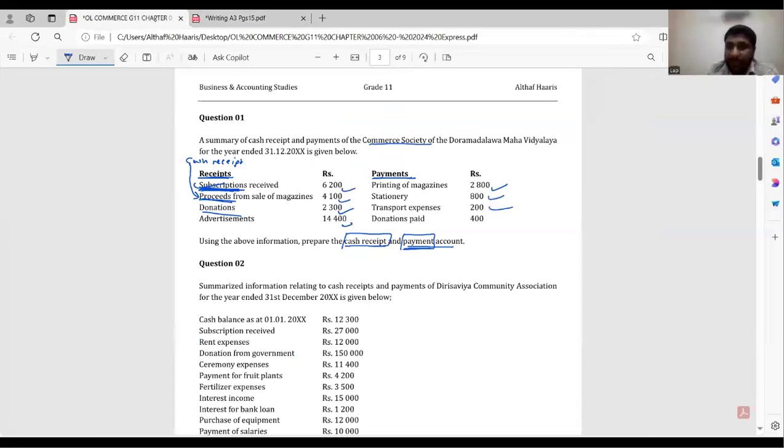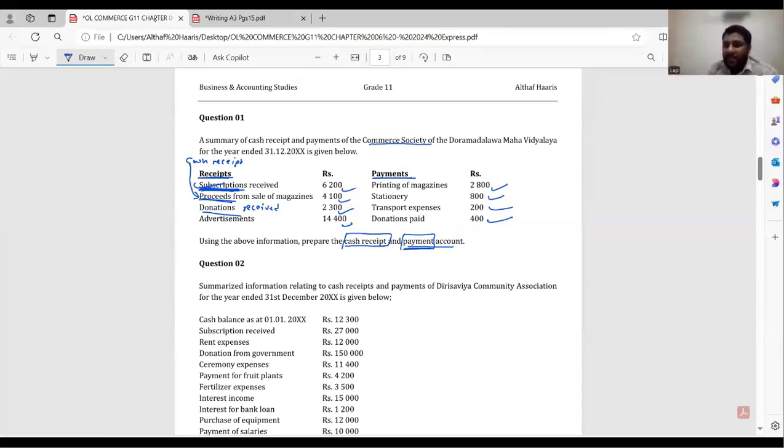Then you have donation paid. You also have given some donations. Donation received is what was given to us, maybe from wealthy people. Now donation paid is like sometimes you might have given a small amount to a beggar in front of the school, who is having a very difficult time.